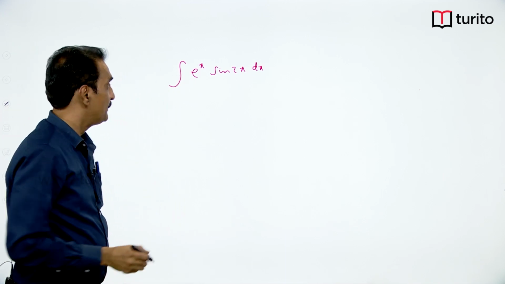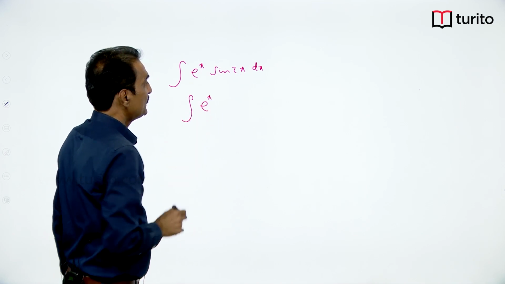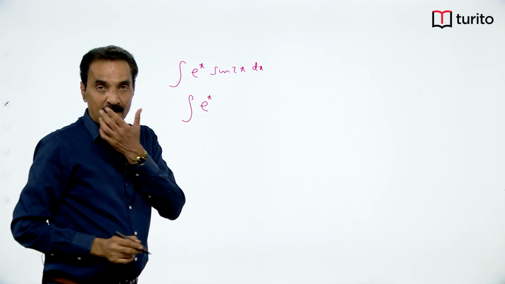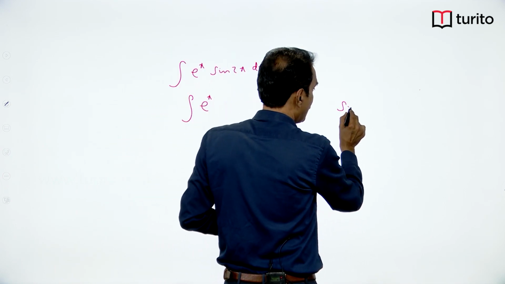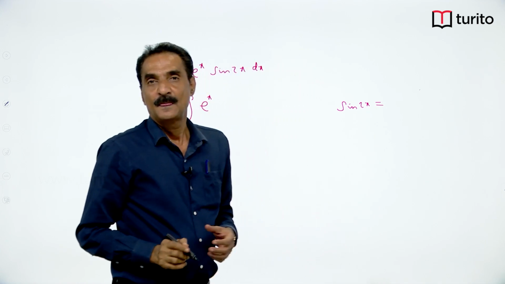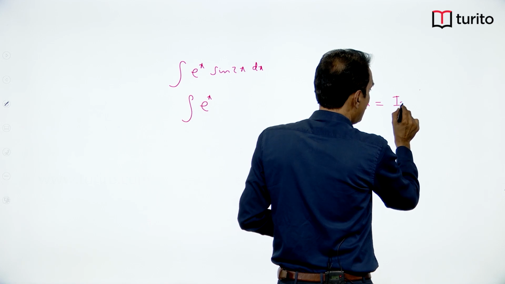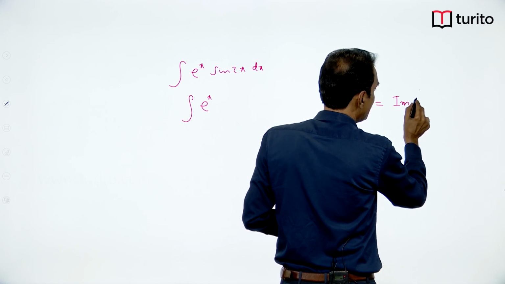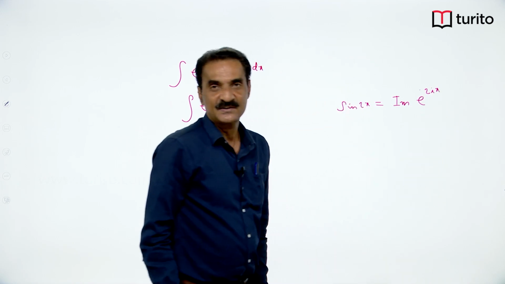In that method, I will write sin 2x as the imaginary part of e power 2ix.